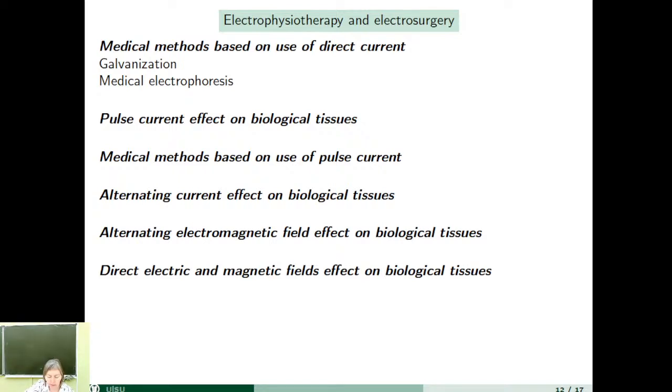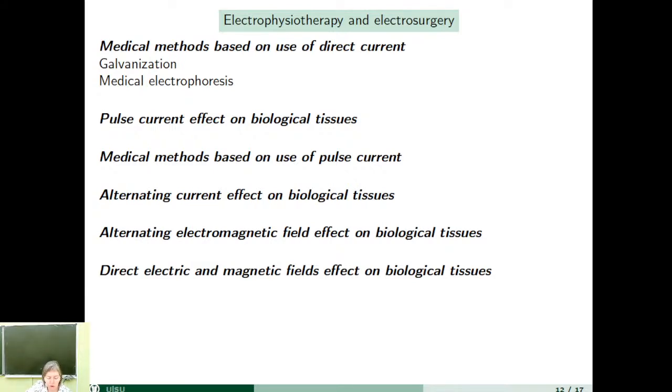It is necessary to note that the direct current flowing in tissues can significantly decrease in time even if voltage is constant. It is related to the fact that ion shift and ion concentration in different parts of the human body change.